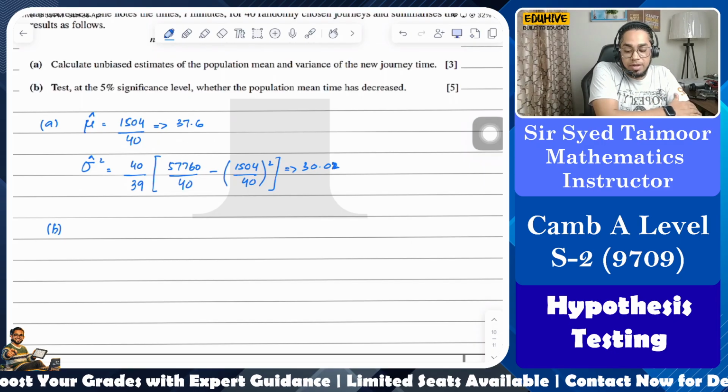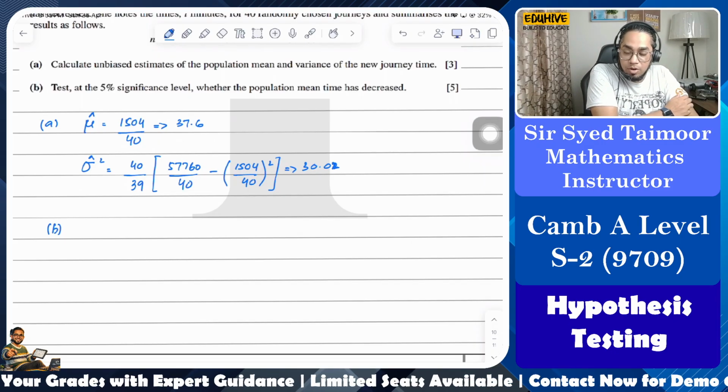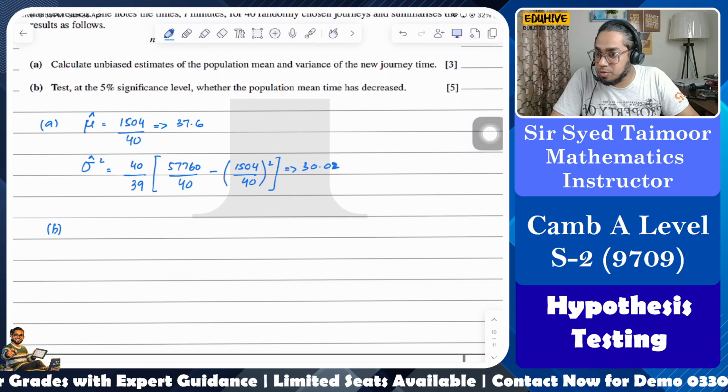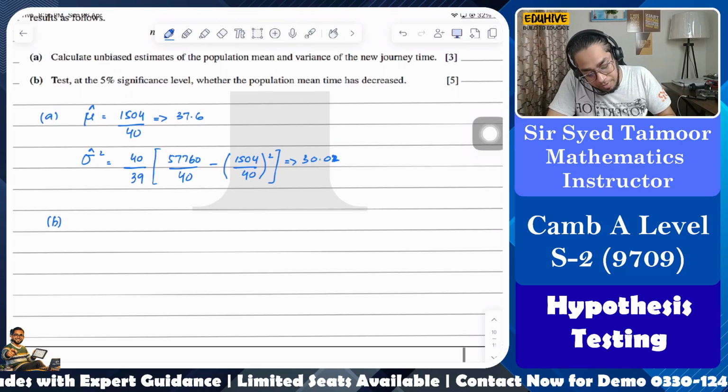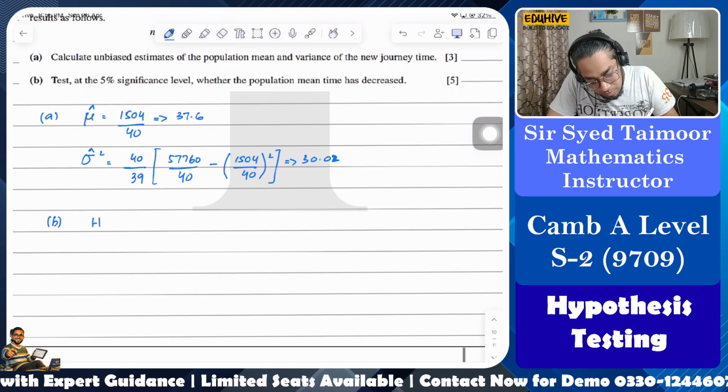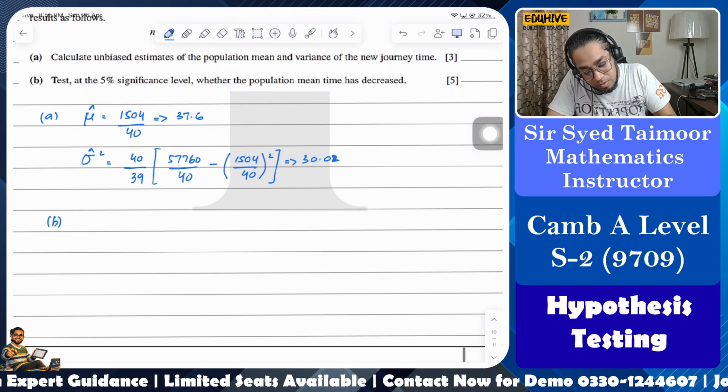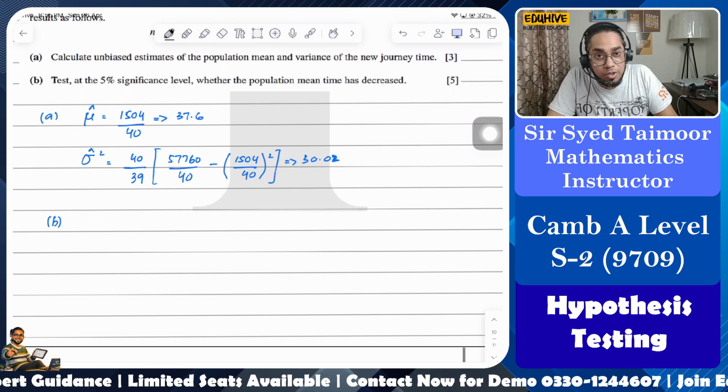Test at the 5% level of significance whether the population mean has decreased or not. So what should be the hypothesis? First we should go for the distribution now.